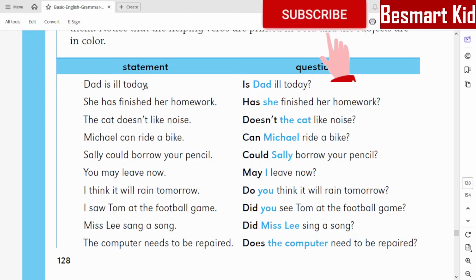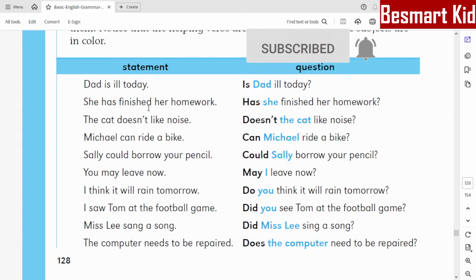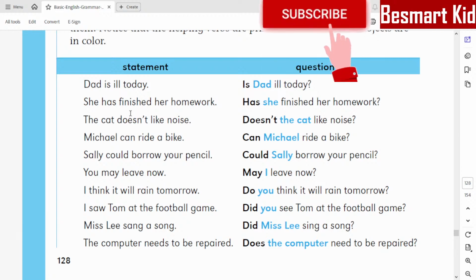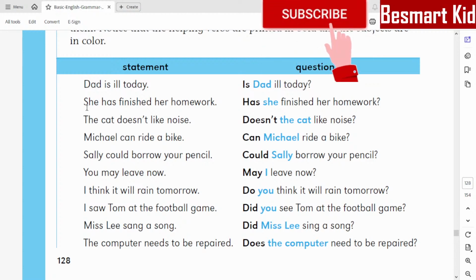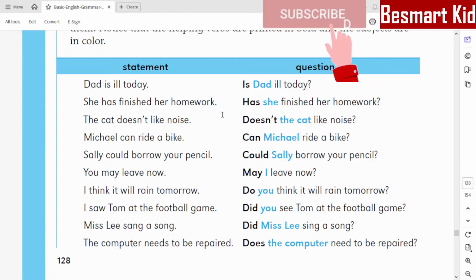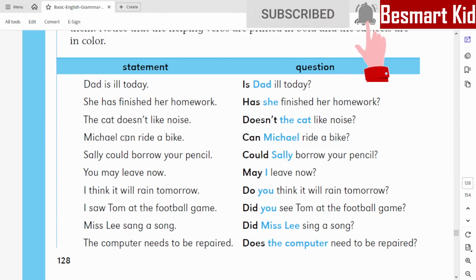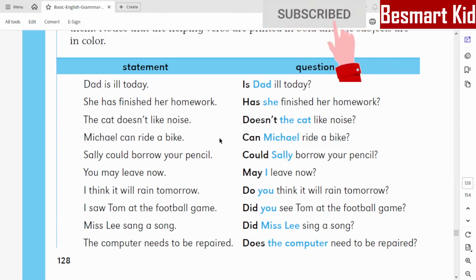Dad is ill today. Is Dad ill today? She has finished her homework. Has she finished her homework? The cat doesn't like noise. Doesn't the cat like noise? Michael can ride a bike. Can Michael ride a bike?